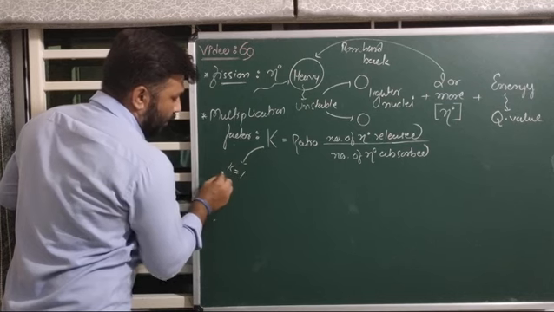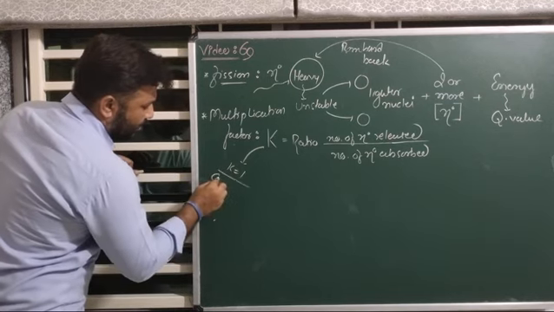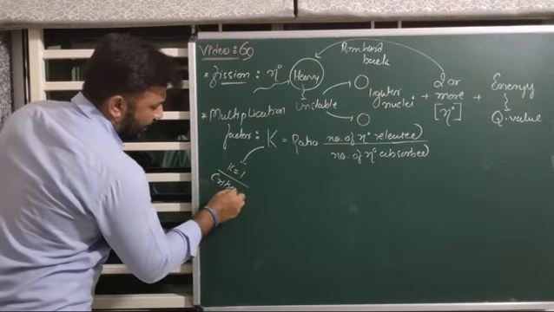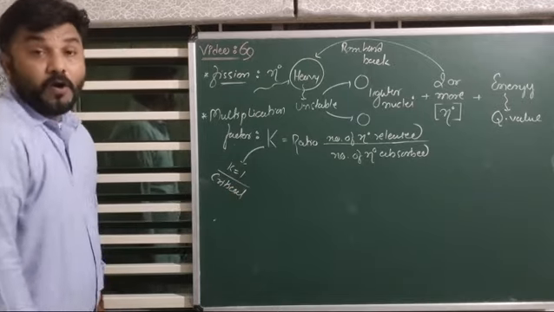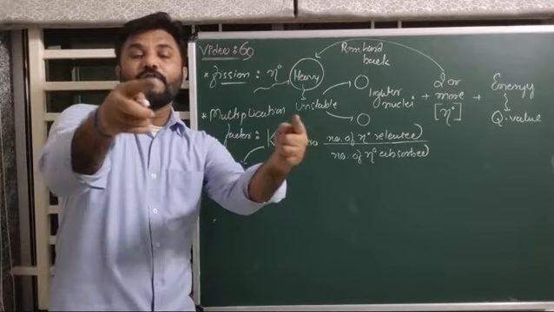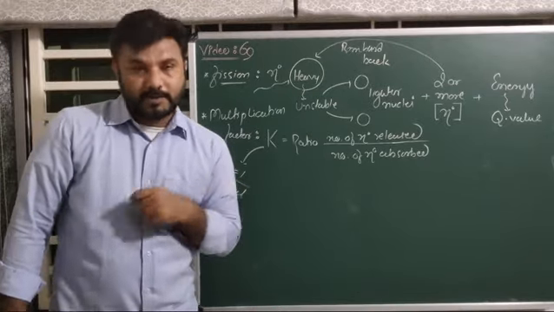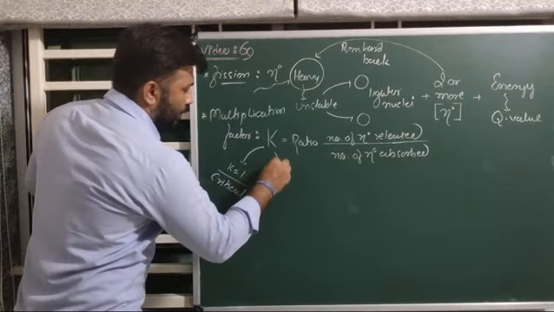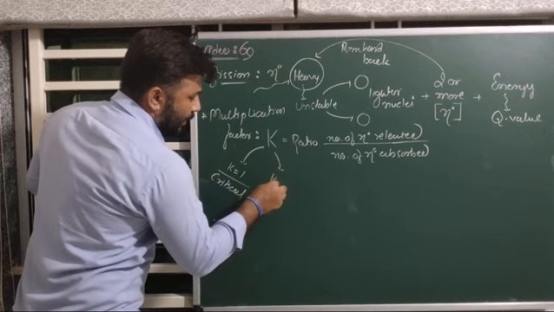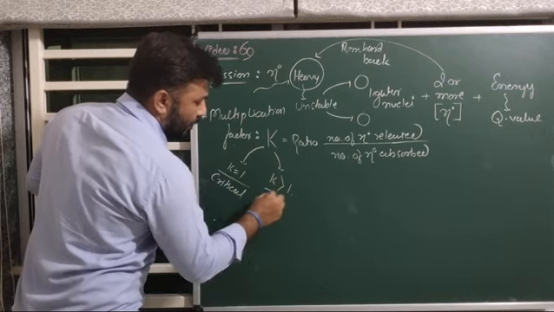Right? This K has three values. K is equal to 1. You know that it is known as the critical stage of a nuclear reactor, in which the nuclear reactor works. Then another possibility, K is greater than 1.